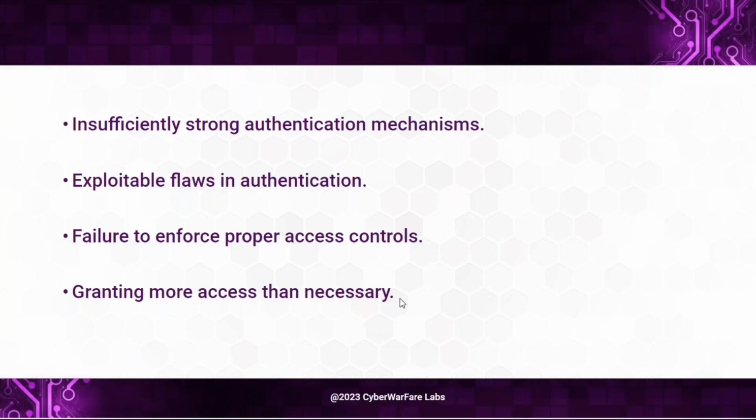This creates unnecessary security risks, because it enables users or applications to perform actions or access data that they shouldn't have permission to. This can result in serious issues like data breaches, unauthorized activities, or misuse of valuable resources.